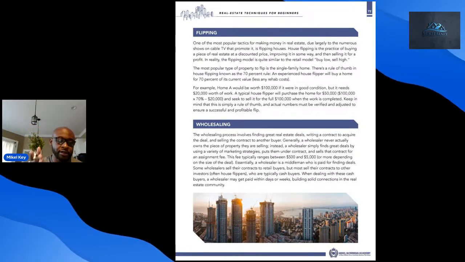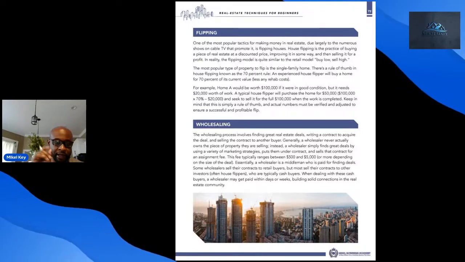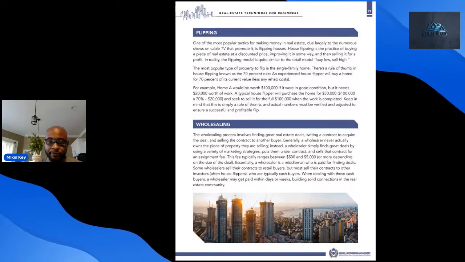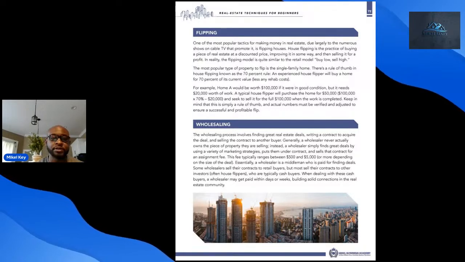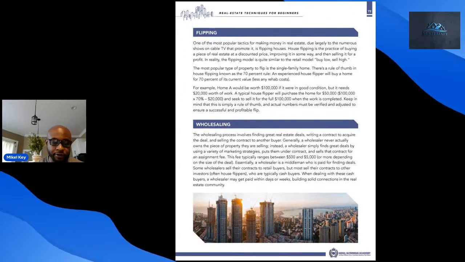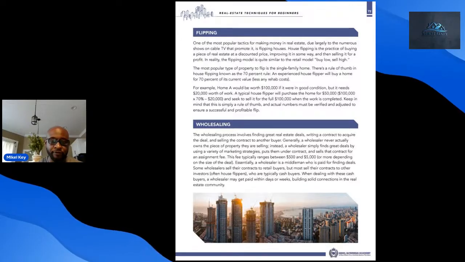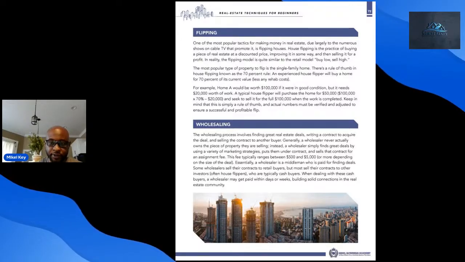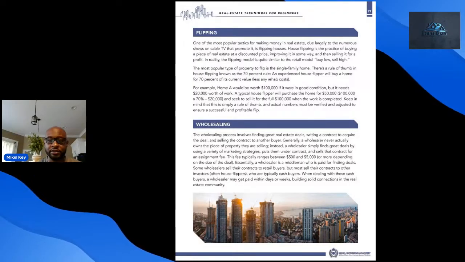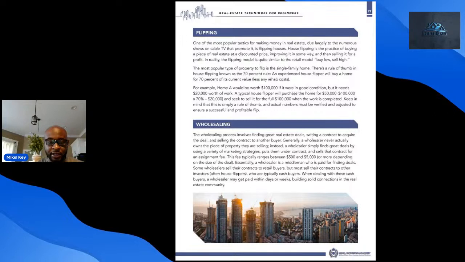Go back and look at all the past sales in the area and calculate the price per square foot. If that price per square foot is $125 and your house is 1,000 square feet, you just multiply those and come out with $125,000.